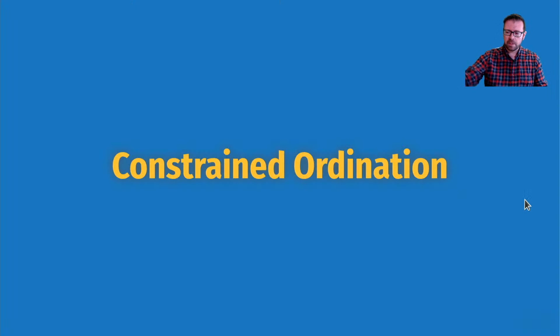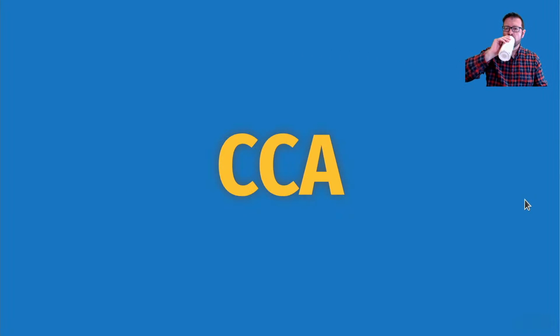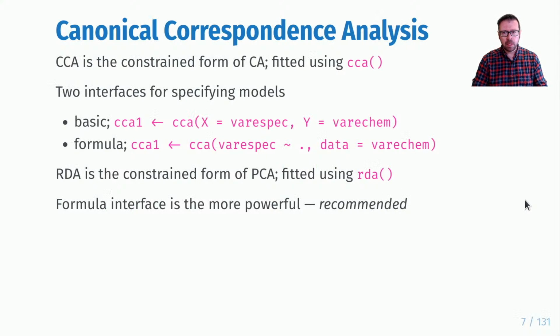Okay, so we're going to start with constrained ordination. And we'll just start with CCA, canonical correspondence analysis, or constrained correspondence analysis as it's sometimes called in the literature. It's the constrained form of correspondence analysis.